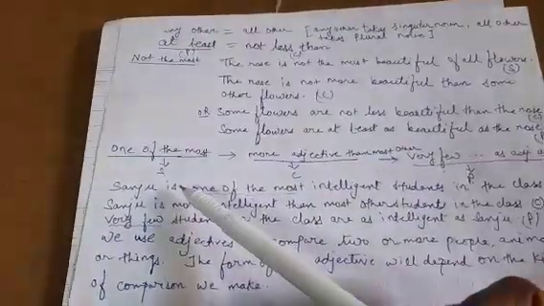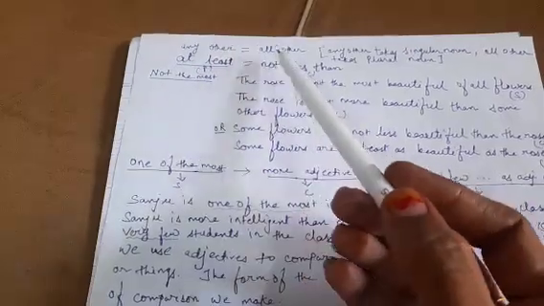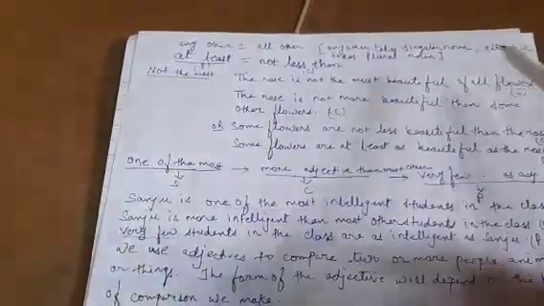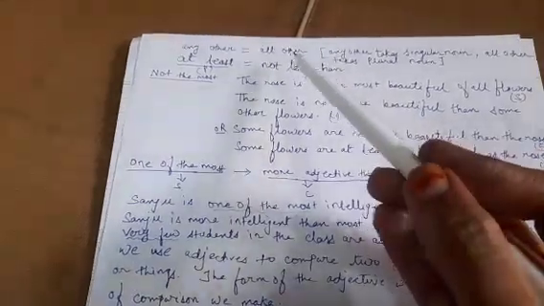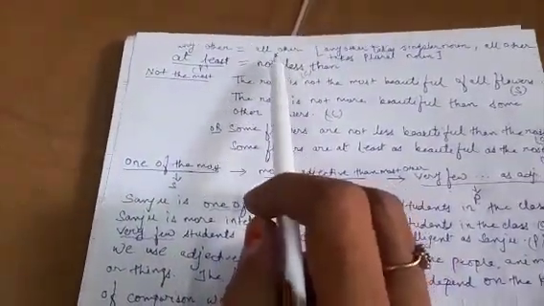Not the most and one of the most. And then any other, which means all other. But any other we use when there is a singular noun, and all other we use by following it with a plural noun. For example, lead is heavier than any other metal.